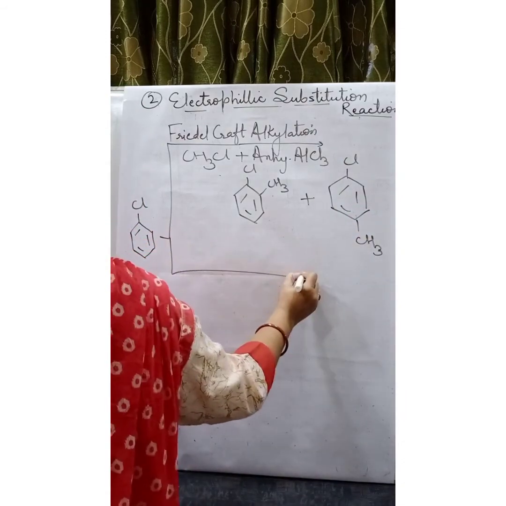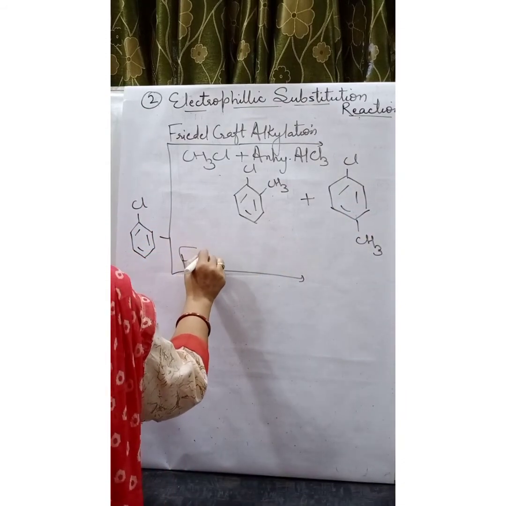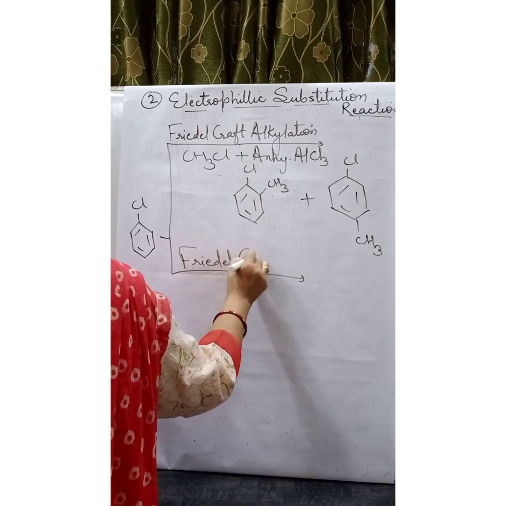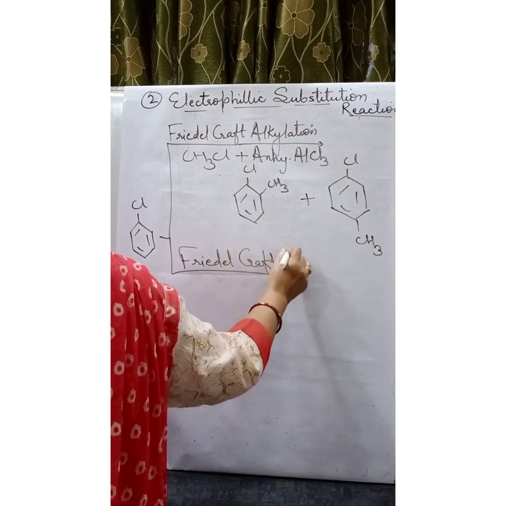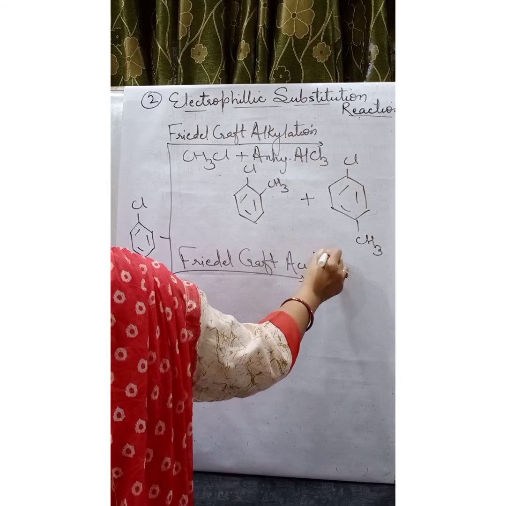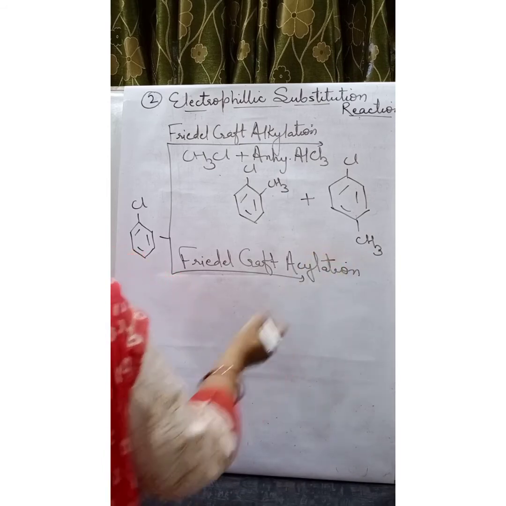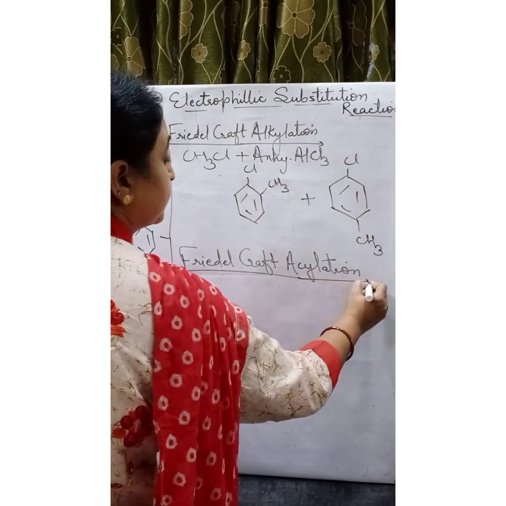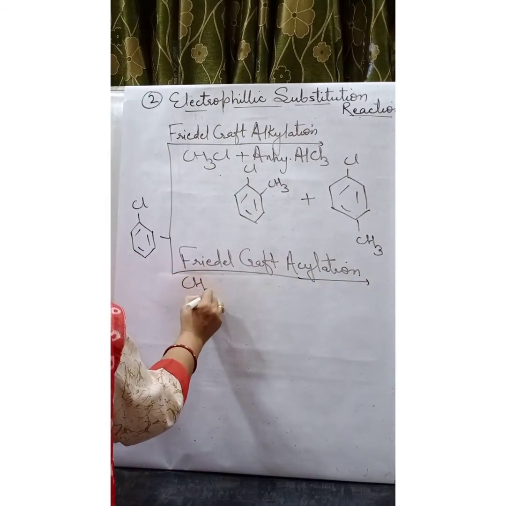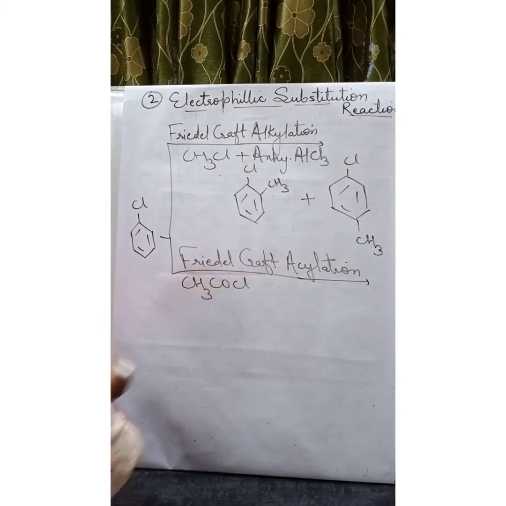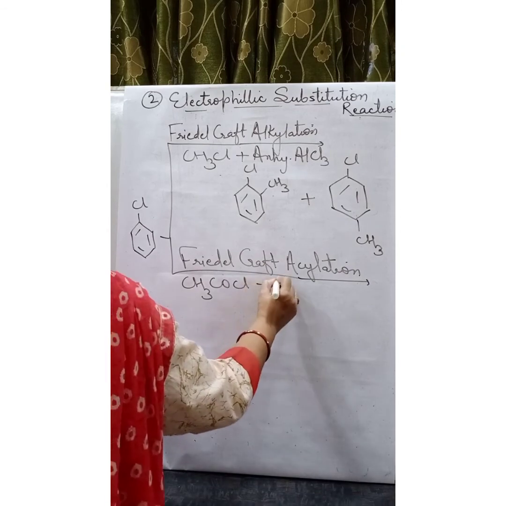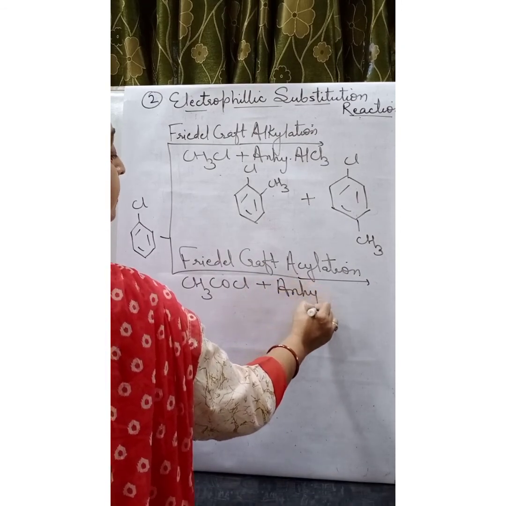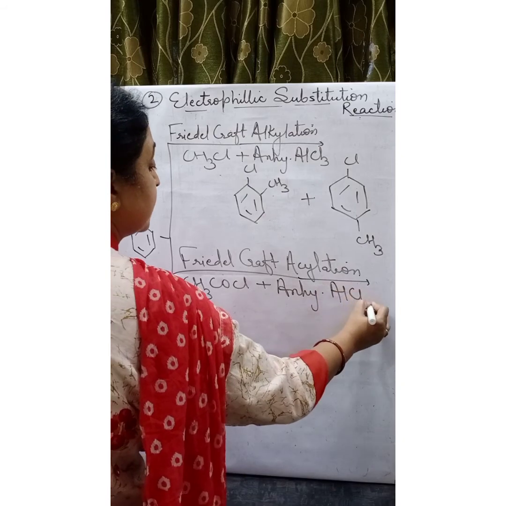The next one is Friedel-Crafts acylation, where an acyl group is introduced in the benzene ring. For example, CH3COCl, acetyl chloride, in presence of anhydrous AlCl3.